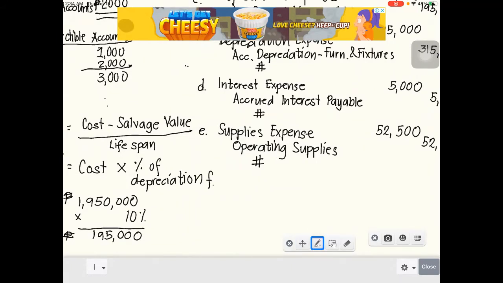So what is the proper account title? It's not in the trial balance. So insurance expense. Expense portion is how much? 800. Then you subtract it from your prepaid insurance.